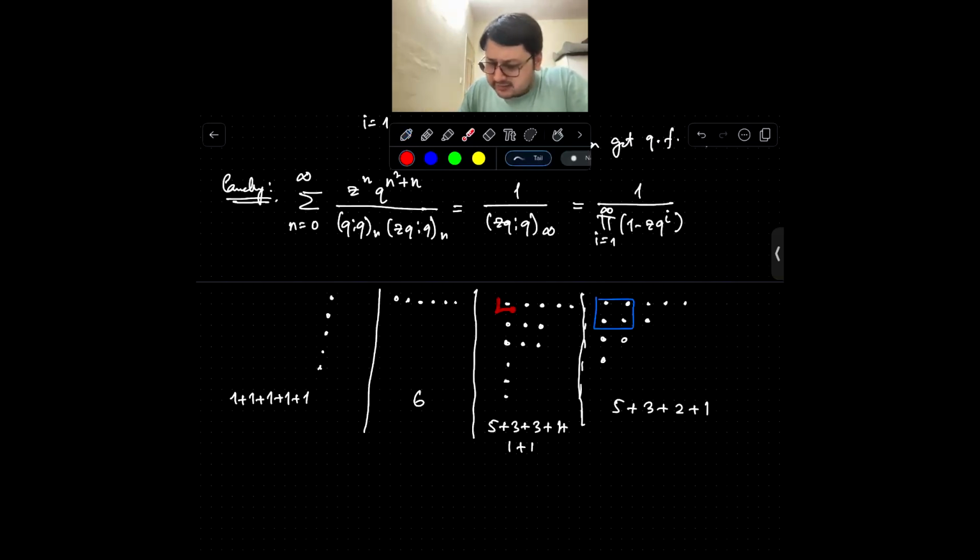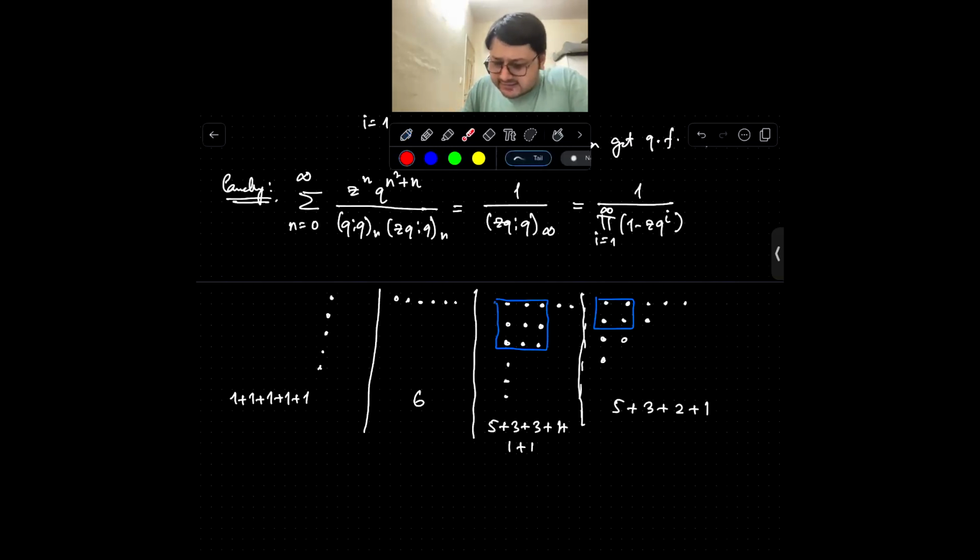So in the other case, we see very easily that a 1 cross 1 square is possible, then a 2 cross 2 square is also possible, and then finally the 3 cross 3 square is also possible in this case. But if I try to do a 4 cross 4 square, then I see that there are several dots which are missing. So that means in this case, the largest square which is possible is this 3 cross 3 square.